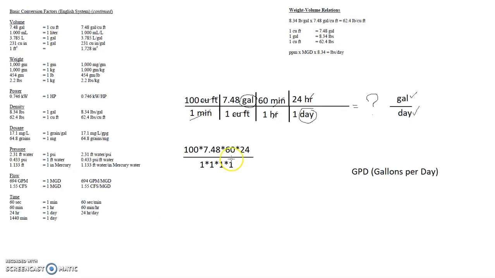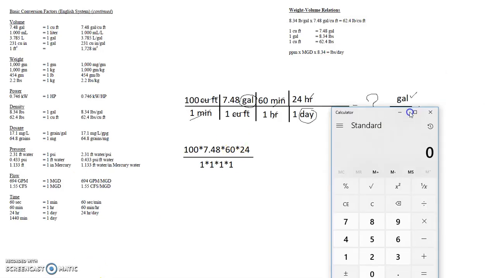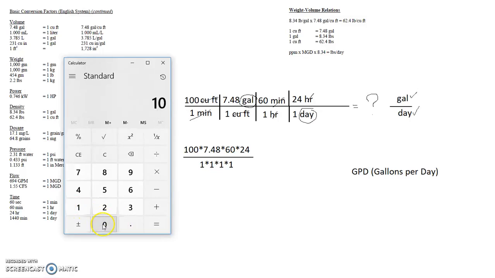But ultimately, that's going to yield 100 times 7.48, which I already know what that is, times 60, multiply again by 24. It's going to be over 1 million gallons per day. And I could round that as appropriate.